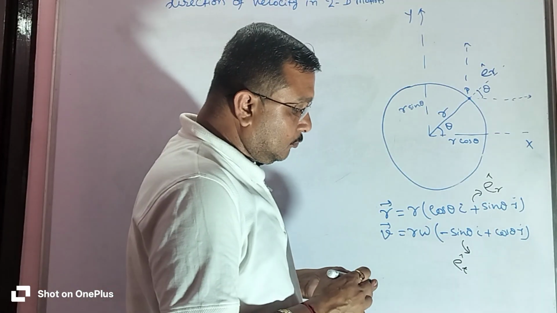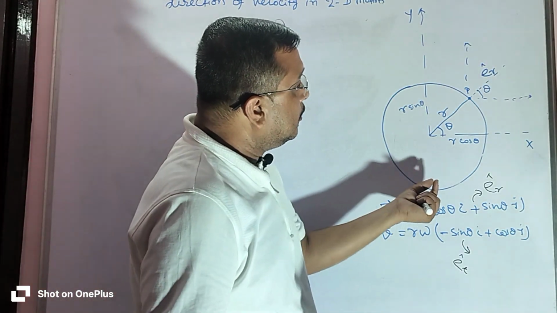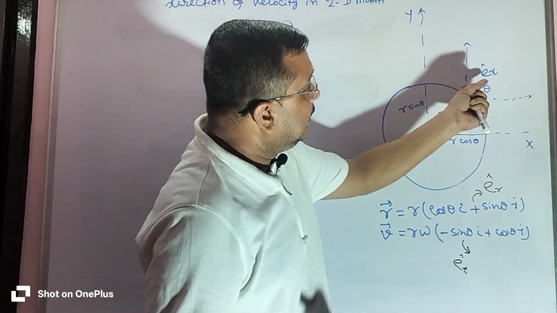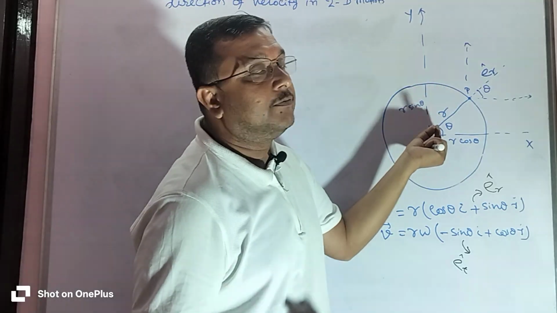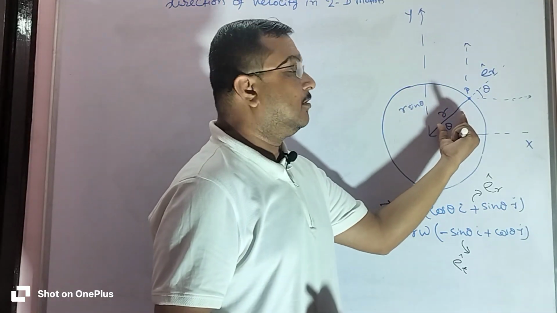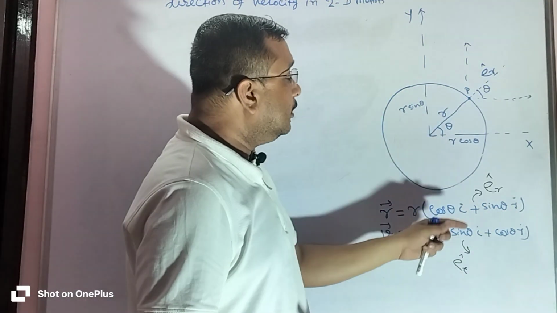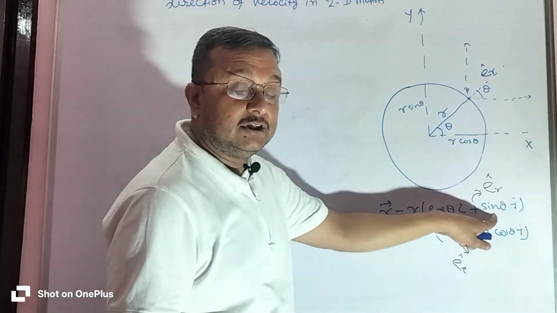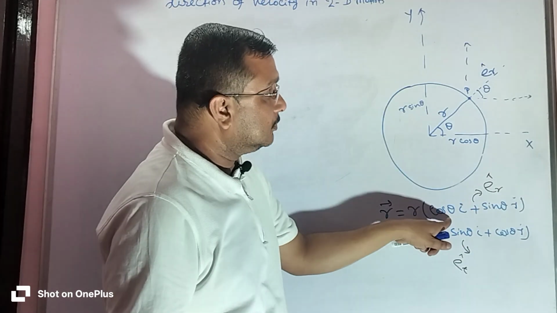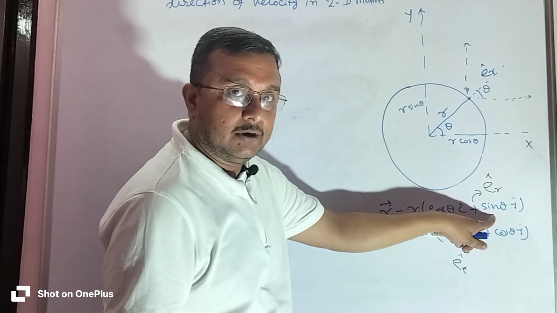We have considered ER the unit vector in the direction of position vector R. So cos theta i plus sin theta j is a unit vector because its magnitude is 1. Under root cos square theta plus sin square theta will be 1.